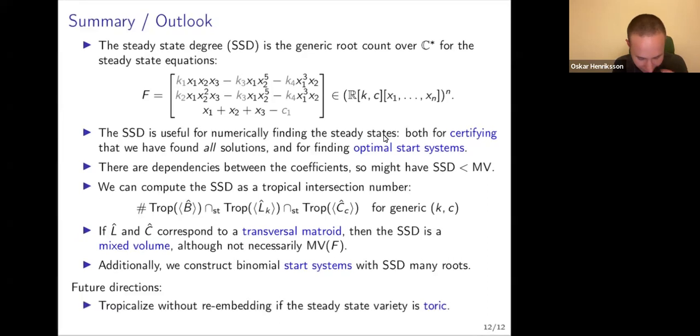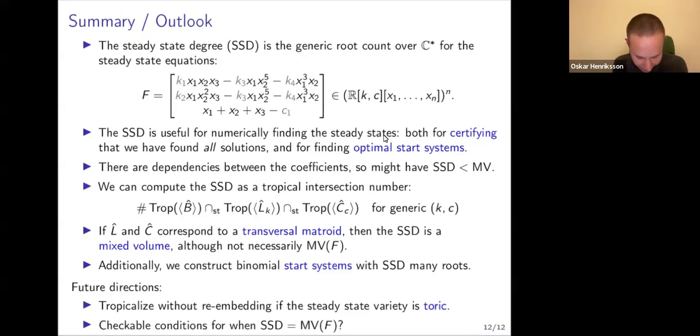Okay, so what can we do in the future? Well, what we're looking into right now is doing this for these particularly nice networks that Elizabeth told us about that are toric, where the steady states form a toric variety, because then we can tropicalize immediately without doing this trick of introducing new variables, and that means that we don't have to go into such a high-dimensional ambient space, and then it's a little bit faster to do the calculations.